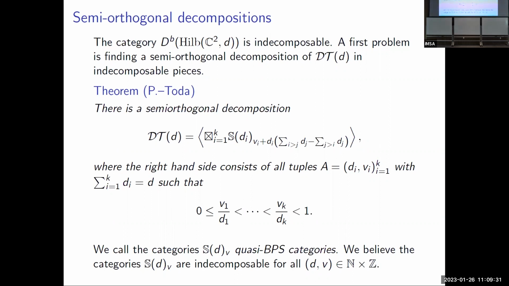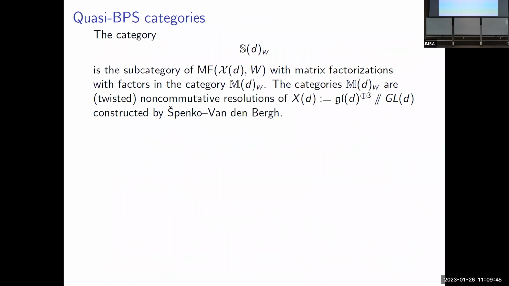So now I should explain what is the definition of these quasi-BPS categories. Then also why do we call them that? What's the relation with BPS invariants? Okay, so how do we define these categories? They are certain subcategories of matrix factorizations on the stack with potential W, where matrix factorizations are two sheaves, E and F, with two maps, alpha and beta, such that compositions in both ways are W. We want both E and F to be in a certain category M_d(W), that I still did not define.